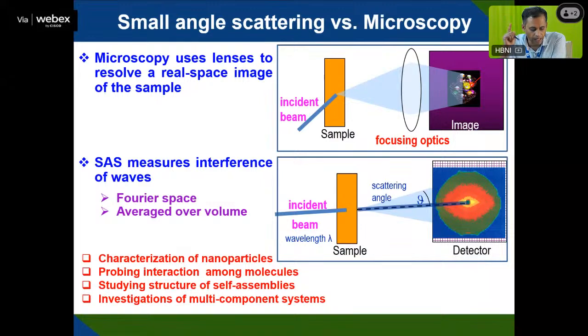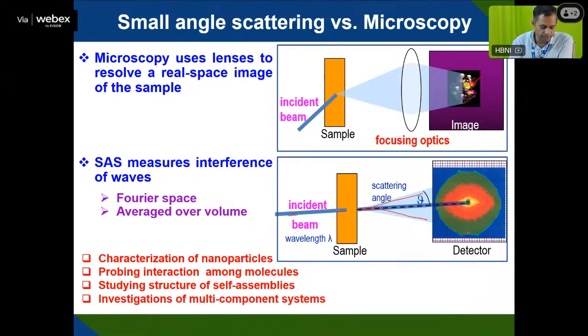But in the case of SAS, it measures interference of wave vectors. When an incident beam falls on the sample, the scattering goes to the detector and creates an interference of waves. Then you have to go for a Fourier transformation, and it will average out over a specific volume to find your particular information.